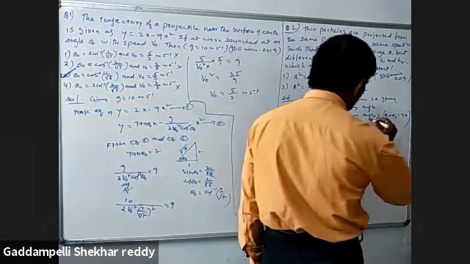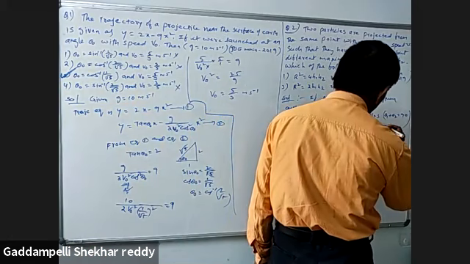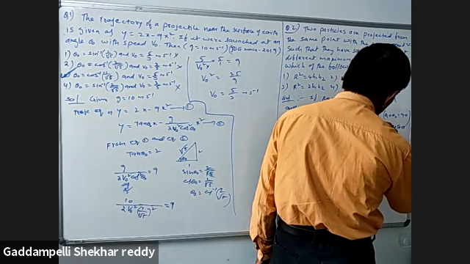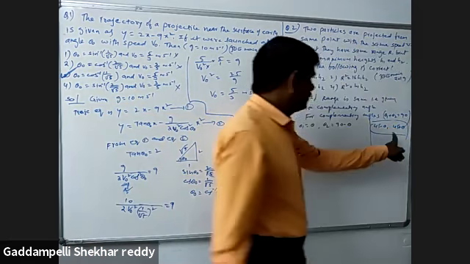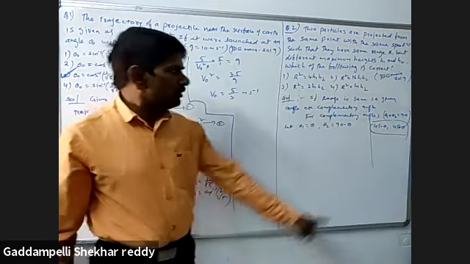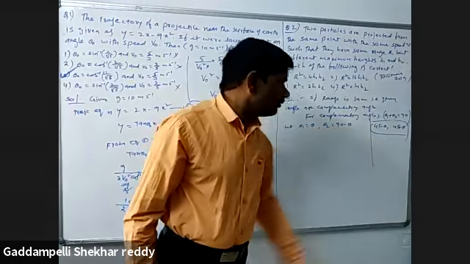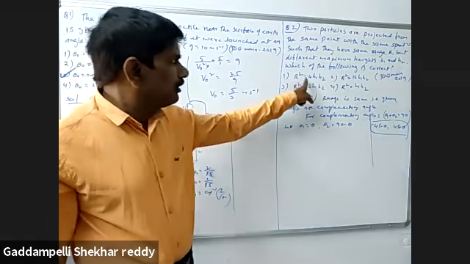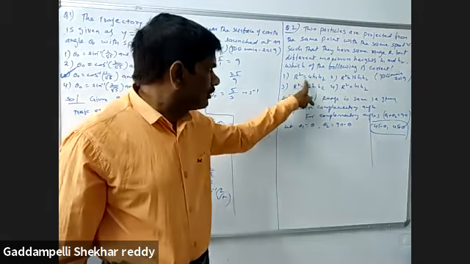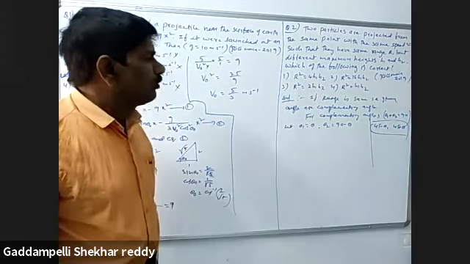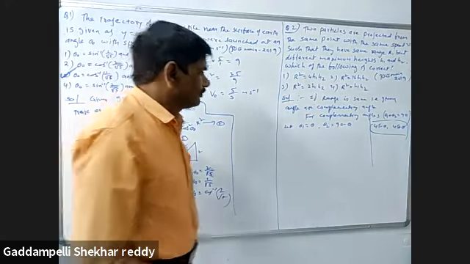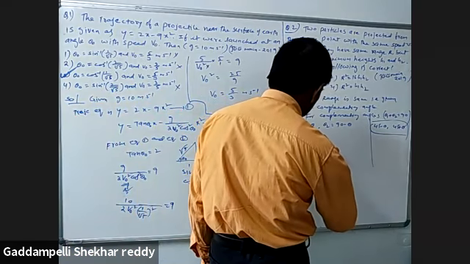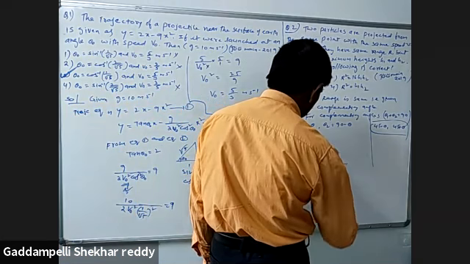You should also remember these are complementary angles: one angle 45 minus theta, the second angle 45 plus theta. In this case also the range is the same. So here, what is asked is the relation between the range square and h1, h2.